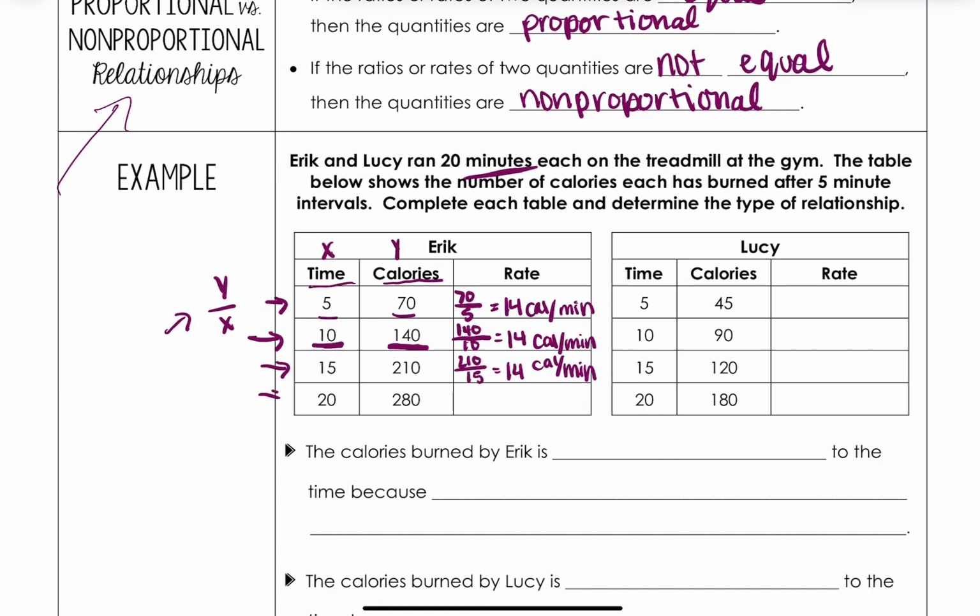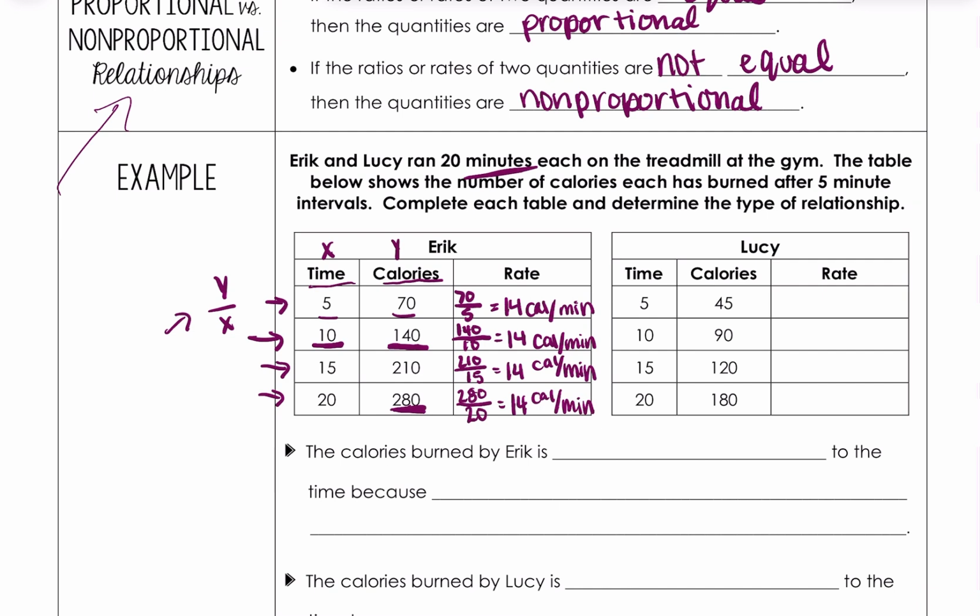And for our last row, once again, we want to make sure that we put our y over our x. So I have 280 as our y value, over our x value, which is 20. So now I have 280 divided by 20, and that gives me 14 calories per minute.